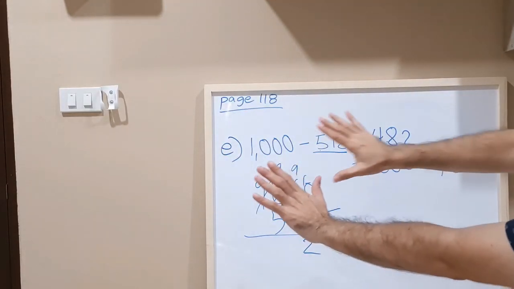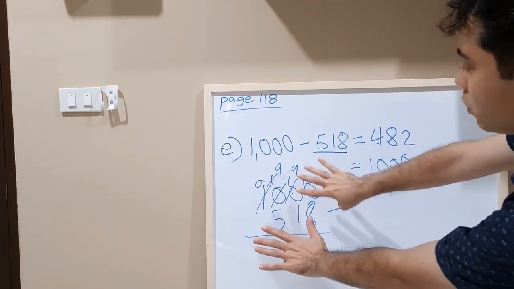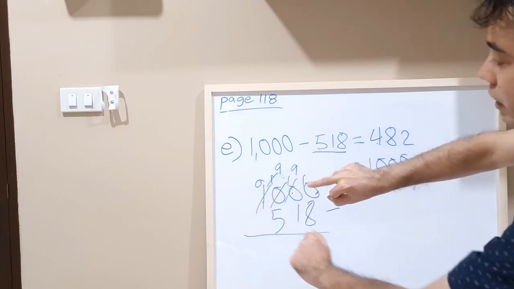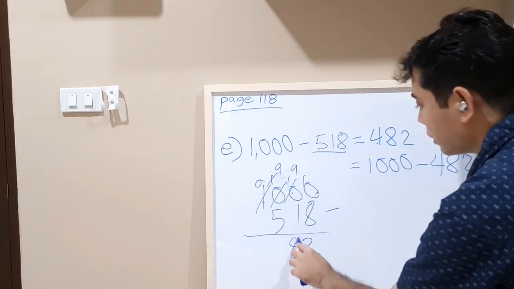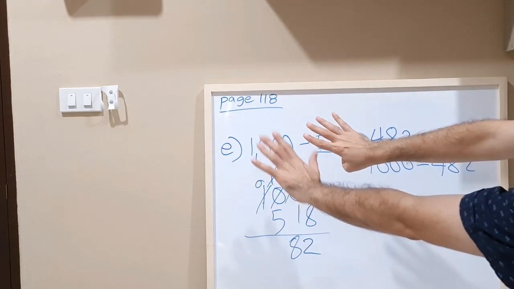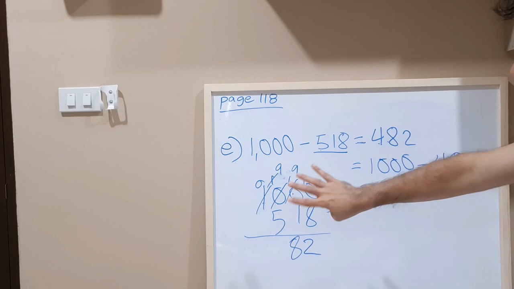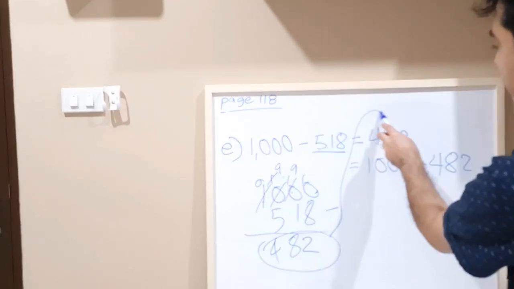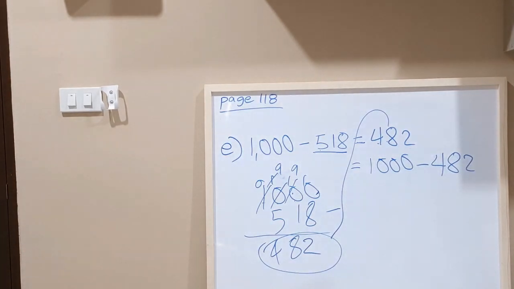And 9 take away 1 will give you 8. And 9 take away 5 will give you 4. So it's the same, right? Now we can do the next one.